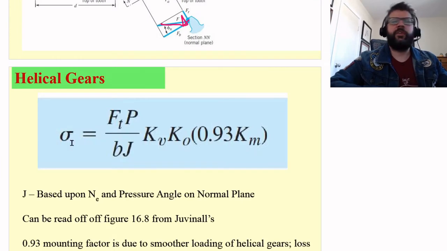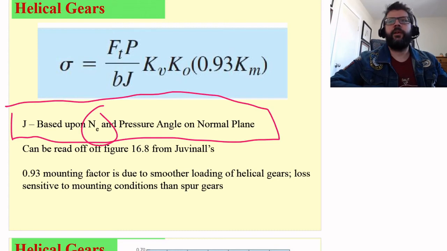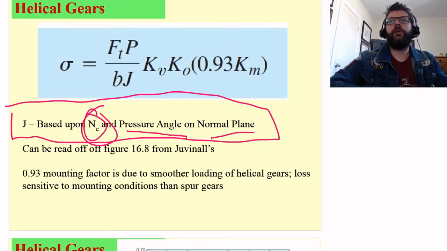So we can adjust for that by using a J value that is based upon that NE that we calculated earlier. We're not using the J based upon the actual number of teeth. We're using the J based upon the number of effective teeth and then the pressure angle on our normal plane.